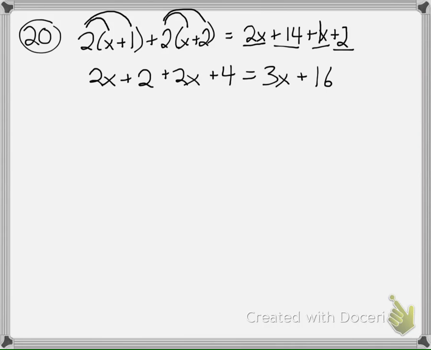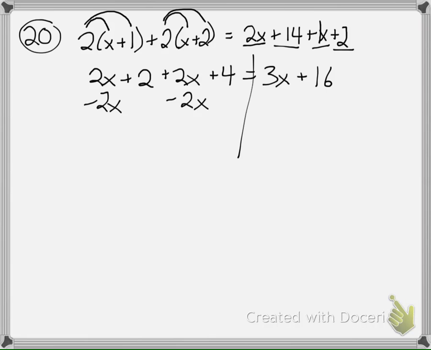Now on the left, I combine like terms. And guys, here's where it's really important that you simplify first, because it's problems like this where people do this, and they'll be like, okay, I'm going to subtract 2x here, and I'm going to subtract 2x here. And if I do that, what have I done? Well, this is my equal sign right there.